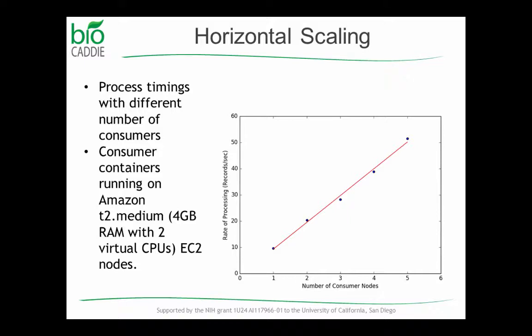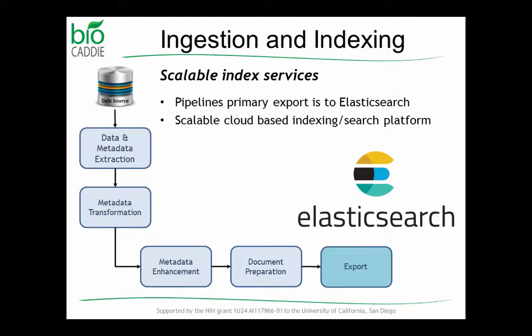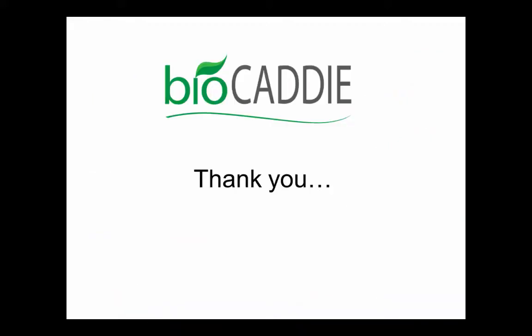But in our small scale test, to begin with, we got very good performance gains as we scaled up the number of nodes through this test. So I think that is the last slide. Other than the export, we're still exporting to Elasticsearch, and I think that is it.